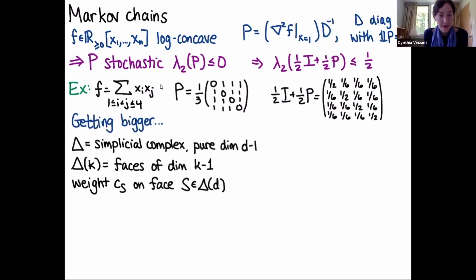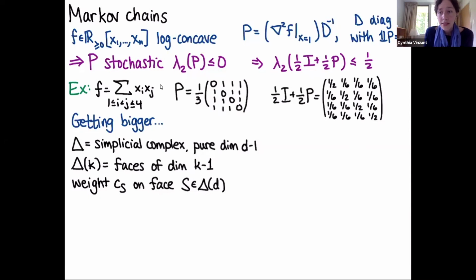So getting bigger, if we took some simplicial complex, pure of dimension d-1, so some collection of subsets closed under inclusion where all of the maximal ones have the same size, d, then I'm going to assign some non-negative weights to the top dimensional faces.